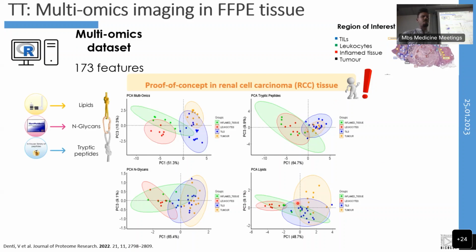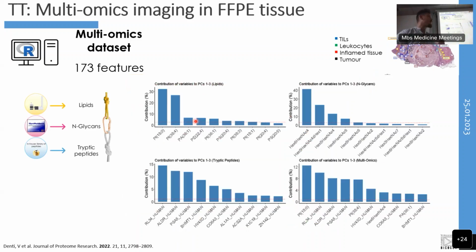But then what happens when we take all of these features, combine them together, and redo this principal component analysis? As we see, when we combine them in a multiomics data set, it was the only instance where we were able to successfully distinguish all of these regions in the tissue based upon their molecular profile.